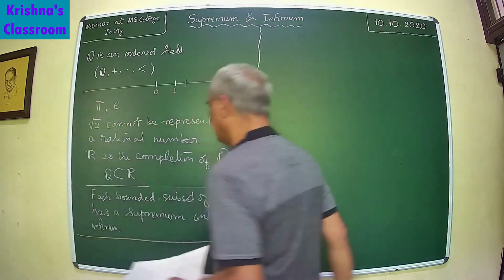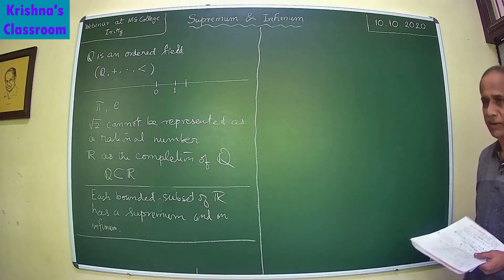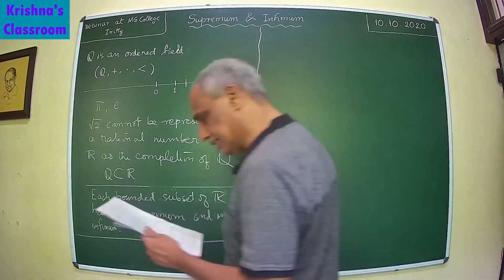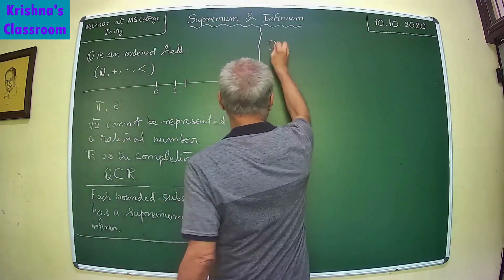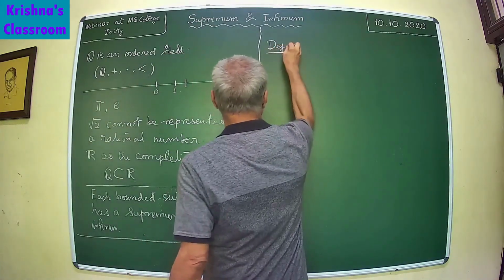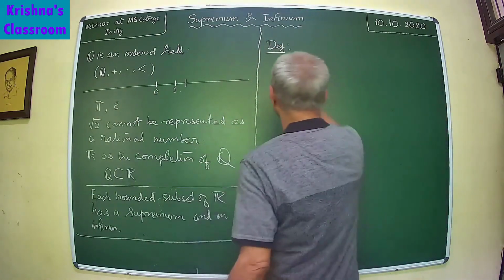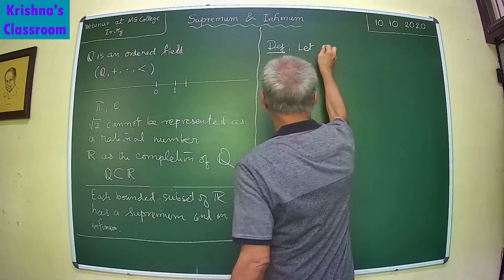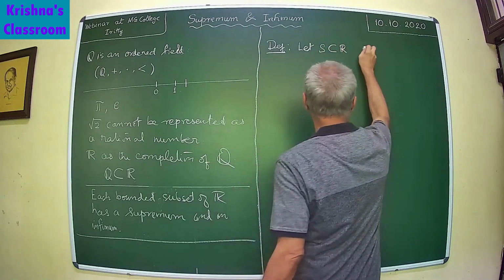So this is what we want to do. Before that, we should know what exactly you mean by supremum and infimum. So let us define this. Definition: let S be a non-empty subset of R.